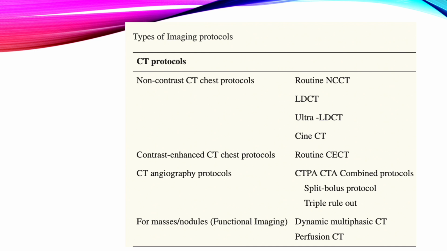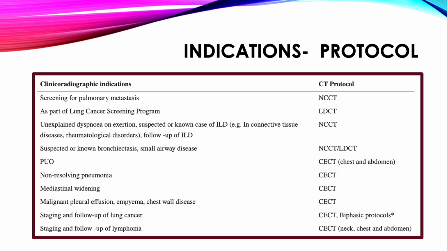The angiography protocols we know of are CTPA or CT pulmonary angiography, and CTA or CT angiography combined protocols. There are two more called split bolus and triple rule out, which have specific indications. Whenever we are looking for masses and nodules, we prefer a dynamic CT, a multiphasic CT, and perfusion CTs to see the penetration and to see whether these are more vascular or not.